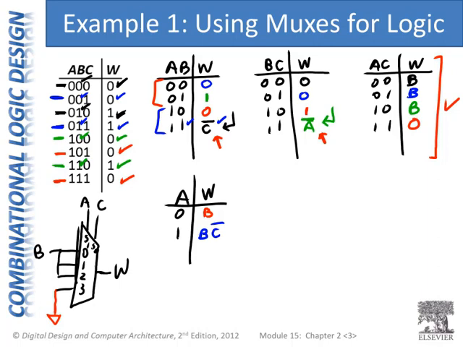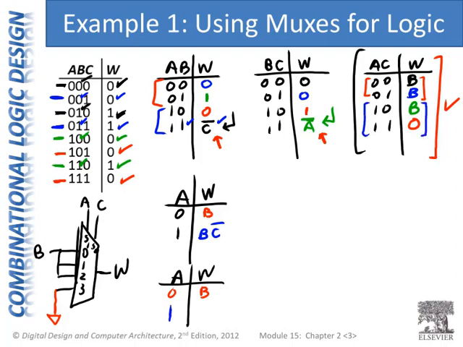And we could have gotten that same result from this table here. Let's go ahead and take a look at that one. A, W, we'll do the same process that we just did. When A is 0, the output is just B, independent of what C does. When A is 1, these two rows, the only way we're going to get a 1 on that output is if C is low and B is high.